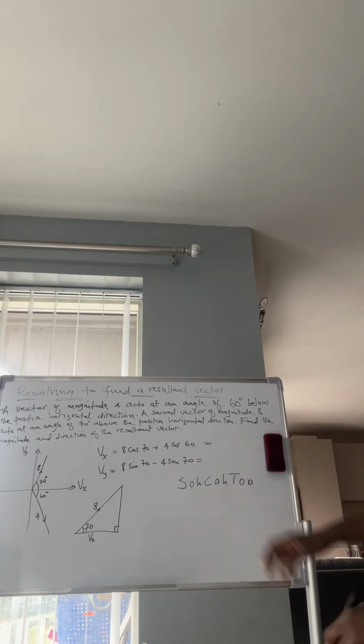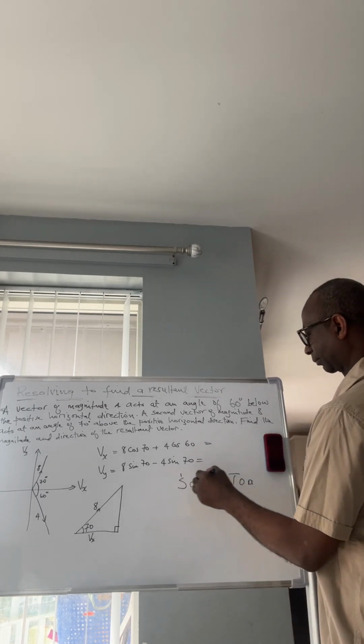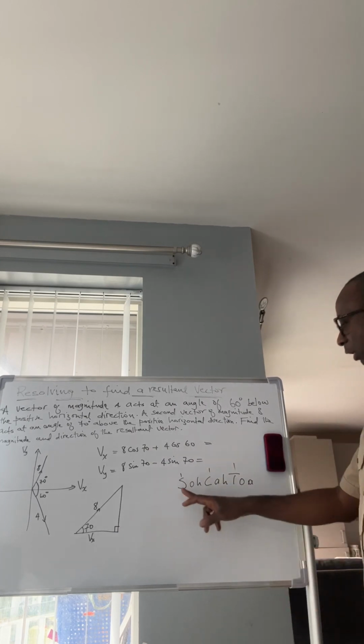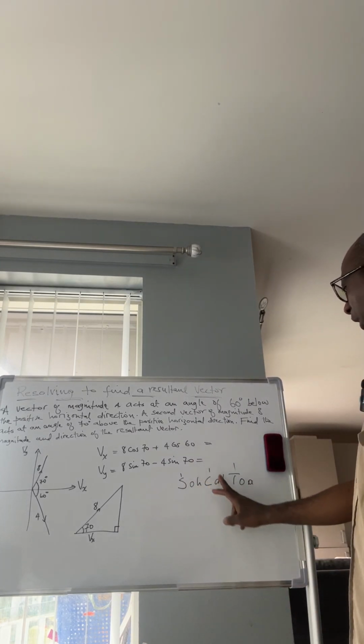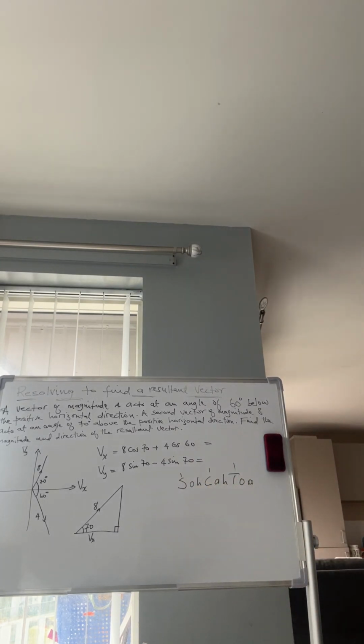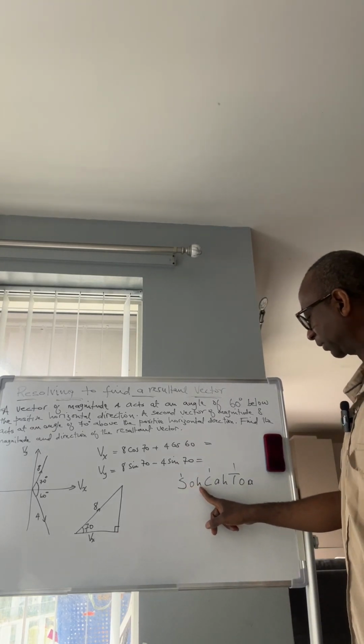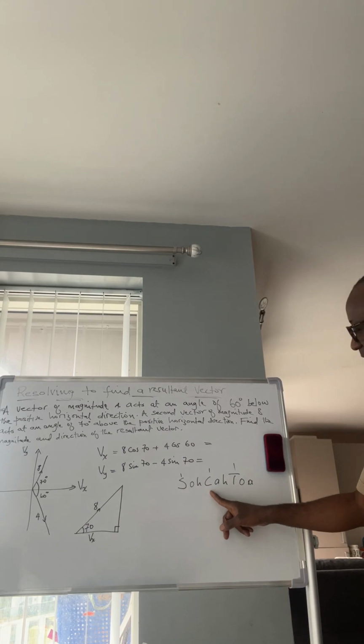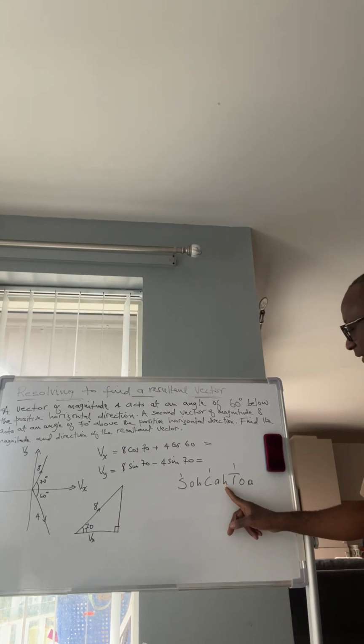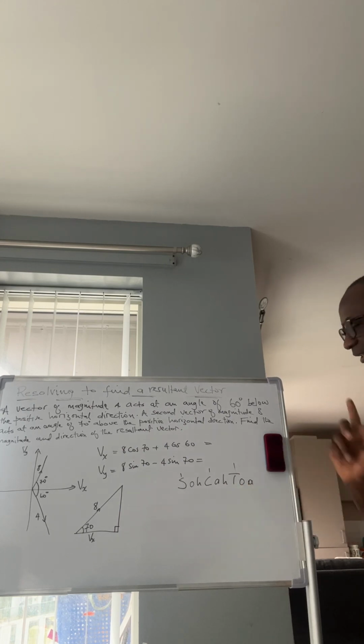The sine is opposite over hypotenuse. The cosine of an angle is adjacent over hypotenuse, and the tangent of an angle is opposite over adjacent.